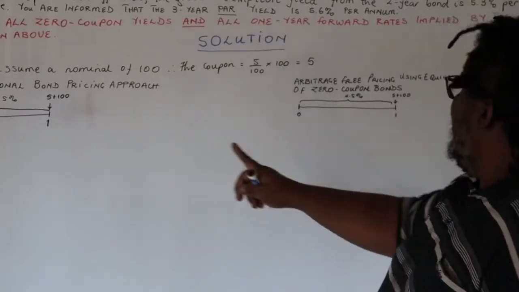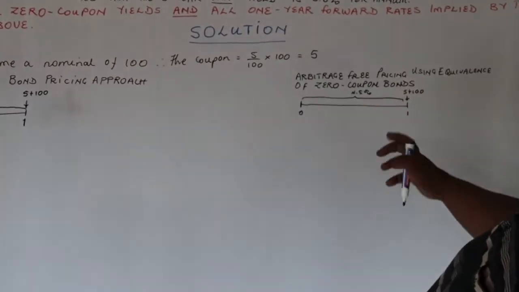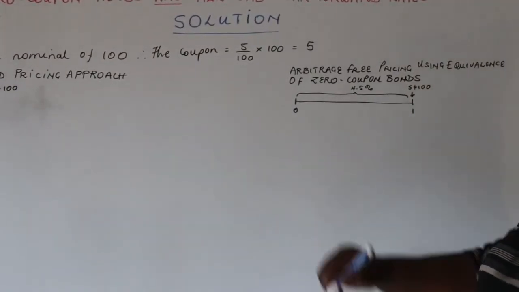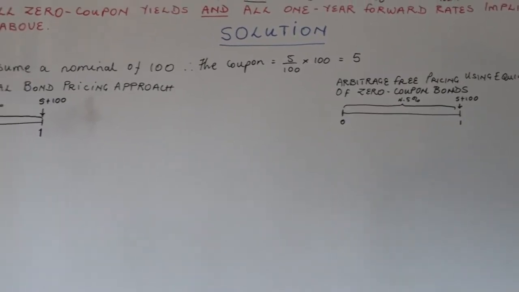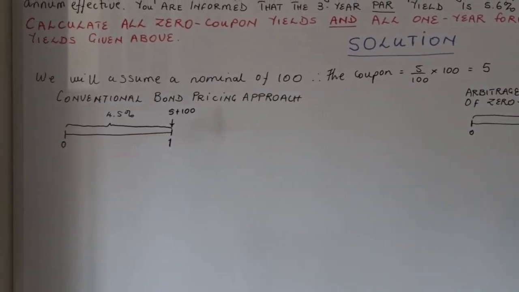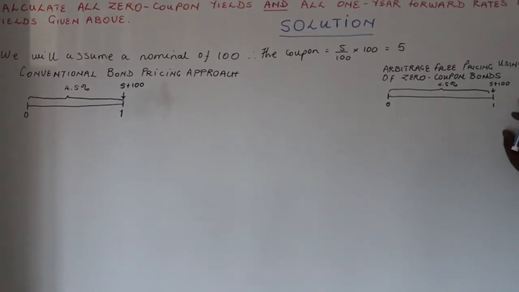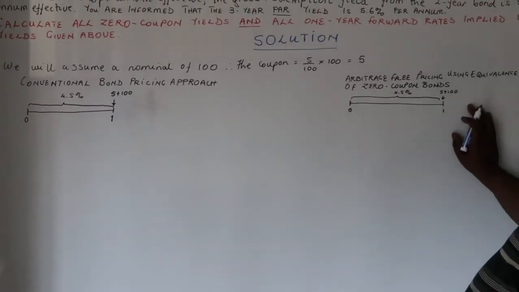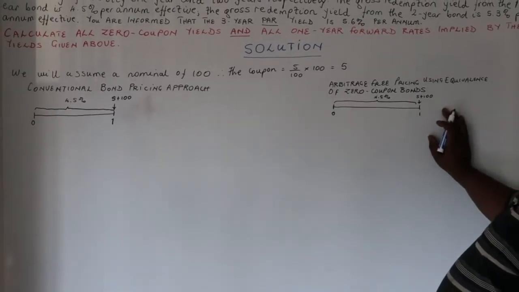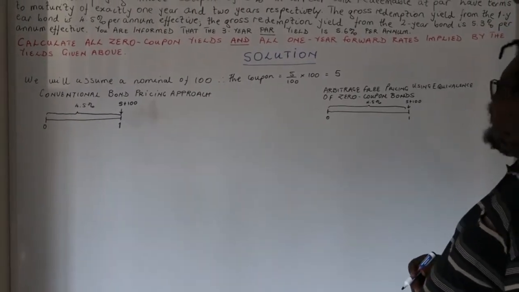So note that in the first scenario, the spot rate and the conventional bond pricing approach are exactly the same. So here the implied zero coupon yield is 4.5%.